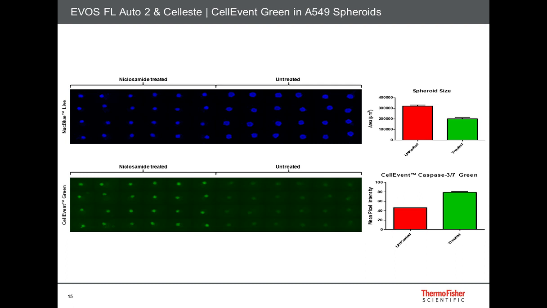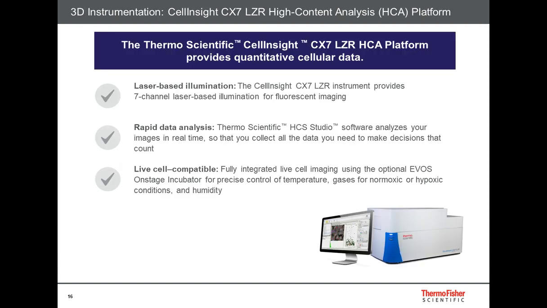Another system that's valuable for this kind of high content analysis is the CellInsight CX7 LZR high content analysis platform. From this, we can provide the same image-based quantitative cellular data. The CX7 LZR has a 7-channel laser-based illumination, also with a powerful HCS Studio software to analyze your images.